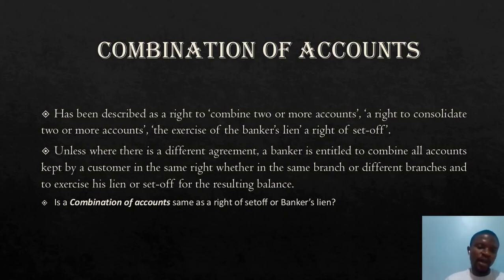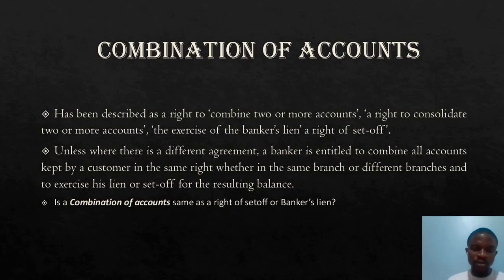Take, for example, you have an account where you are saving money, and you have another account which is a current account, and these two accounts belong to you. The law is that if you enter an overdraft in your current account and you have money that can pay for the overdraft in your savings account, the banker is well within its right to combine both accounts, remove the money you are owing them, and then keep the rest for you.